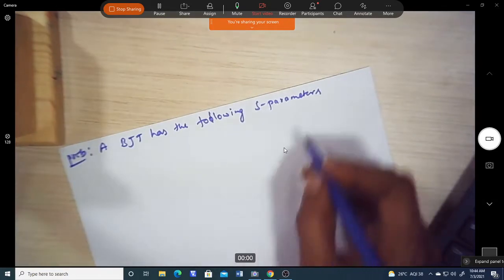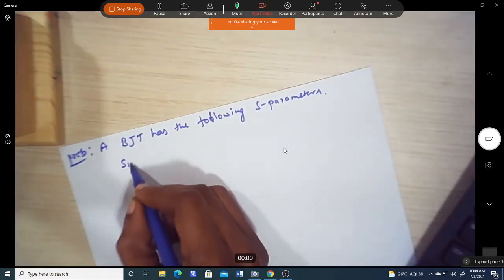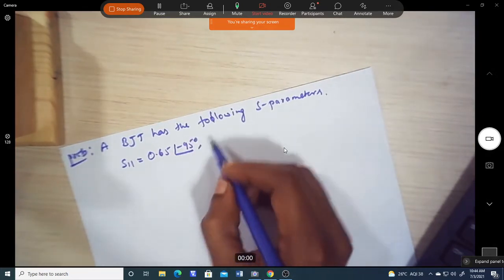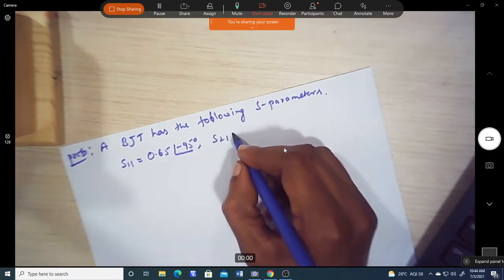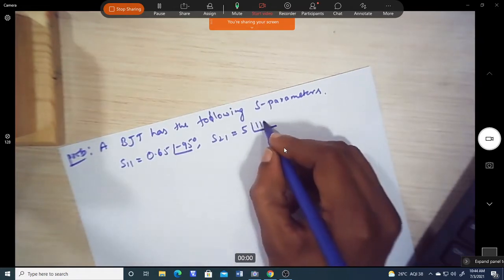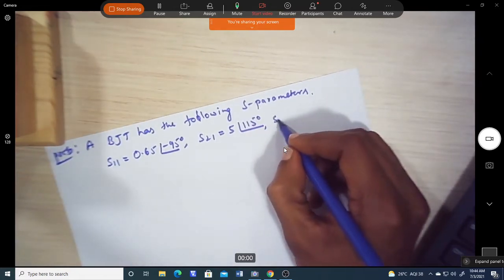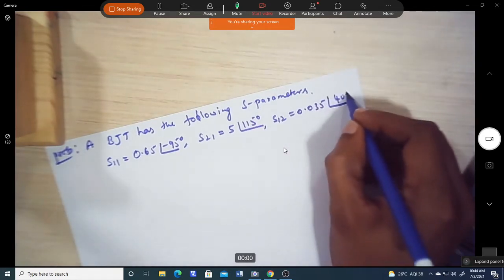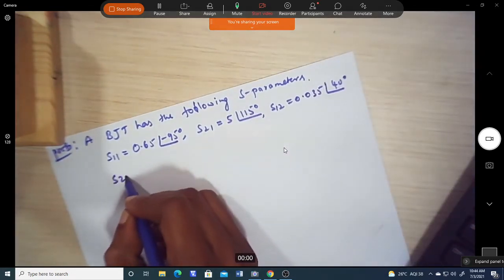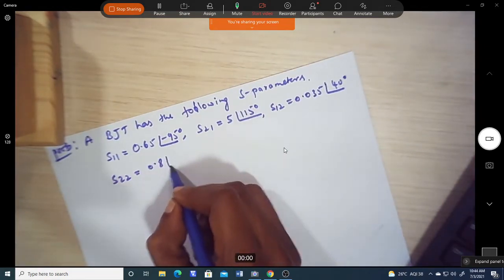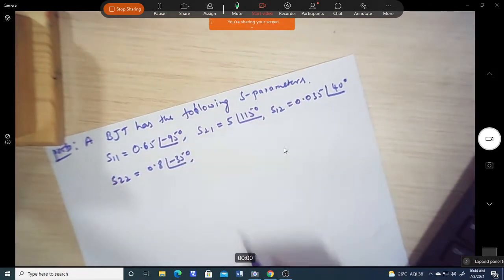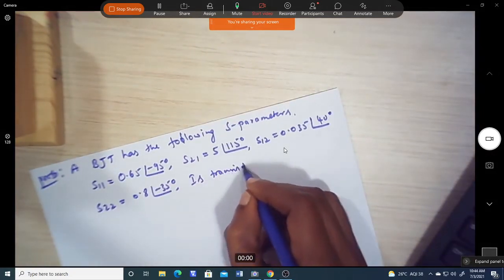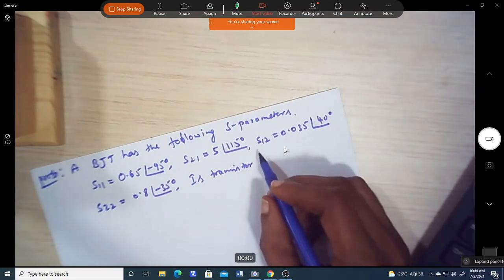S11 equal to 0.65 at an angle of minus 95 degrees, and S21 equal to 5 at an angle of 115 degrees, and S12 equal to 0.035 at an angle of 40 degrees, and S22 equal to 0.8 at an angle of minus 35 degrees. Now we have to find out: is the transistor unconditionally stable?